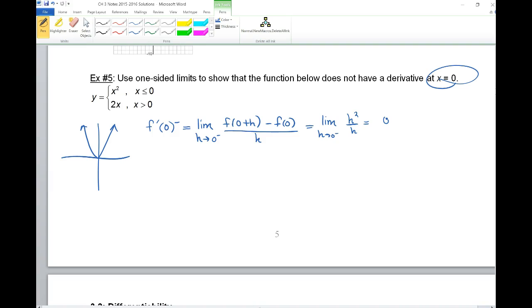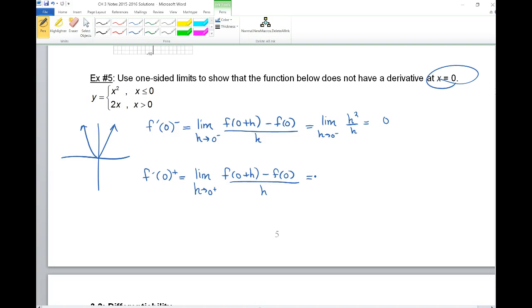And now from the right, we're going to prove that slope has to be positive. Okay, so now if we plug this in from the right, we're plugging it in here.